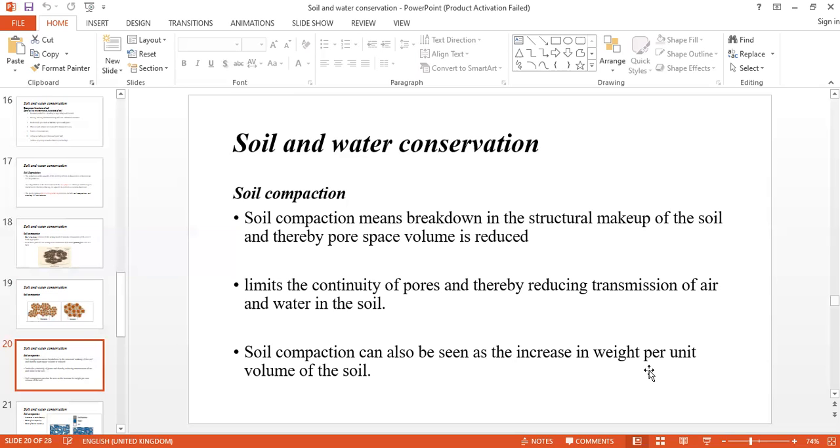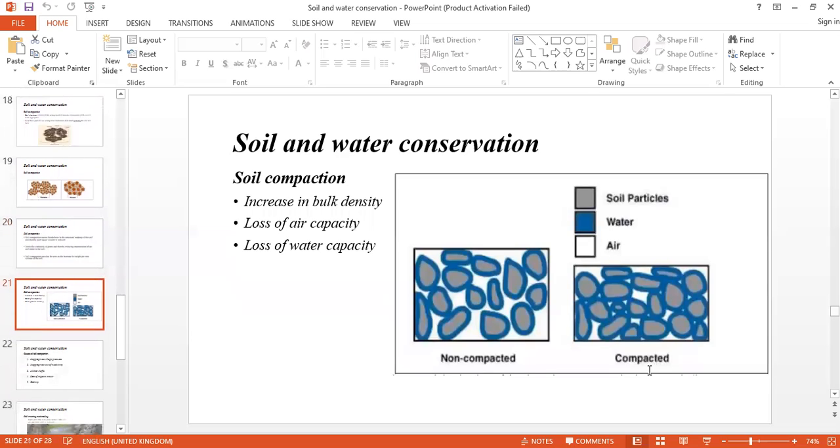As long as you understand what's happening when soil is being compacted, you can define it in whichever way you feel. But the consequence is that it reduces air capacity, water capacity, and the transmission.